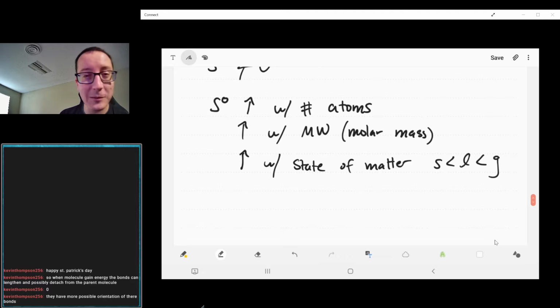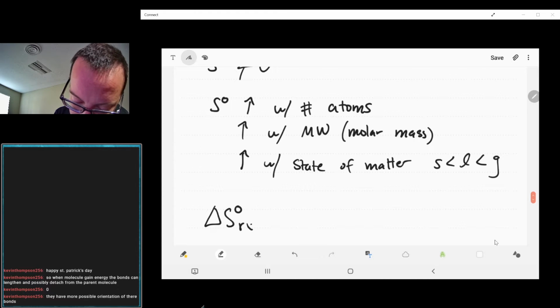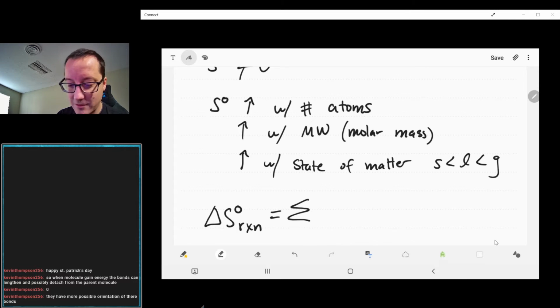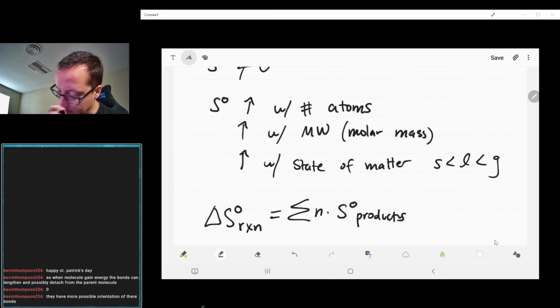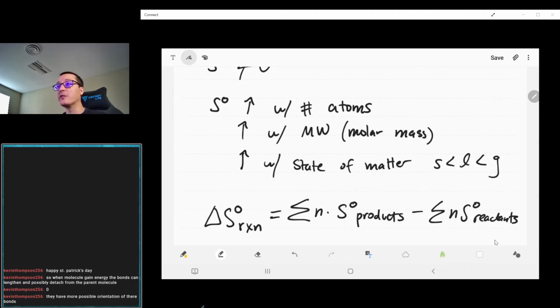Right? So just like we did with delta H and delta HF values, we can calculate the delta S for a reaction by looking at, just like before, the products minus reactants, of course, multiplied by their coefficients.